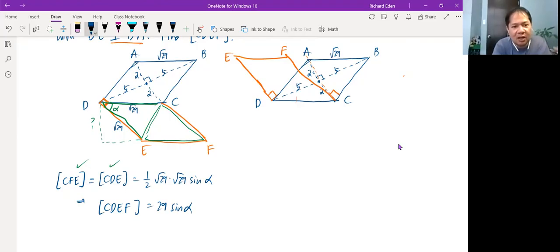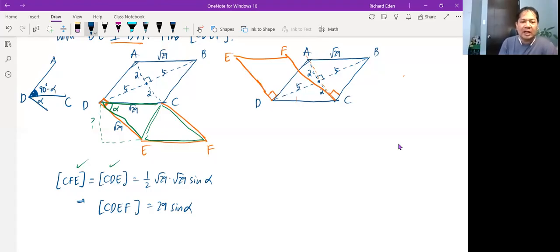But where are things coming from? Nung alpha is complementary to ADC. Okay, so see the right triangle, the right angle we have there. All right, ADC, if you call this alpha, then that would make this the complement, 90 degrees minus alpha.